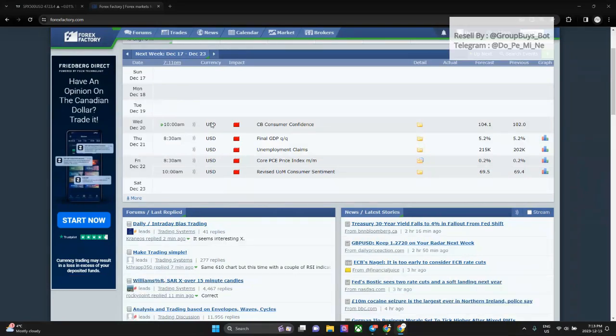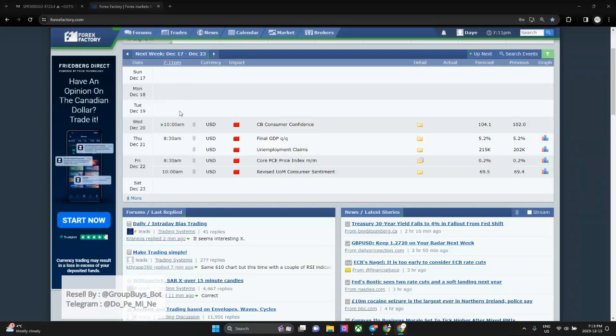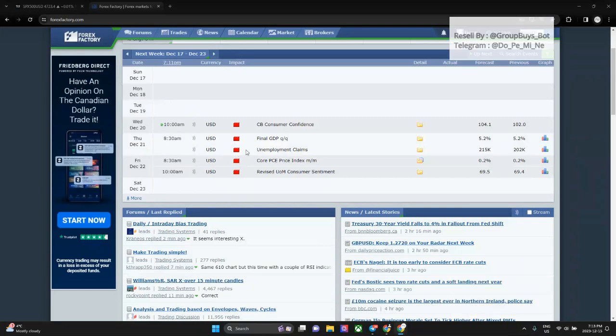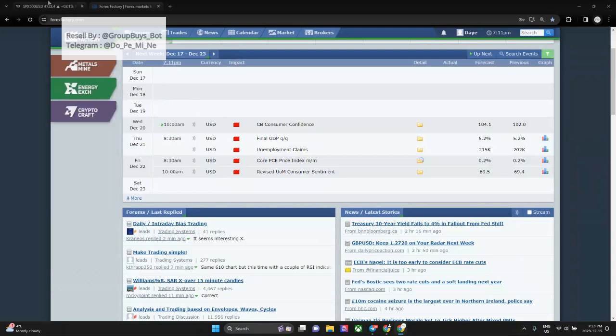But Wednesday is when we'll probably get a move. Thursday for sure, and Friday for sure. Whenever you don't see any news events during Monday and Tuesday, then the trade usually forms Thursday, Friday, as long as there's engineered liquidity, which is what these red boxes are.